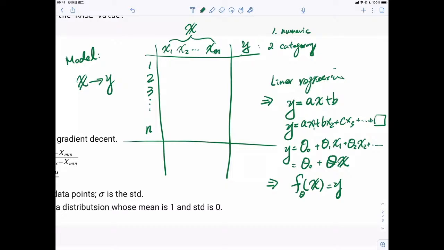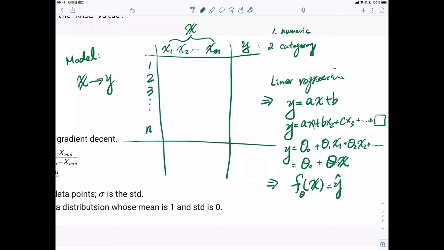Sometimes we write a hat right here, which means y hat is an estimation of y by using the function f. The input data is big X, your parameters are theta, and there's a function.